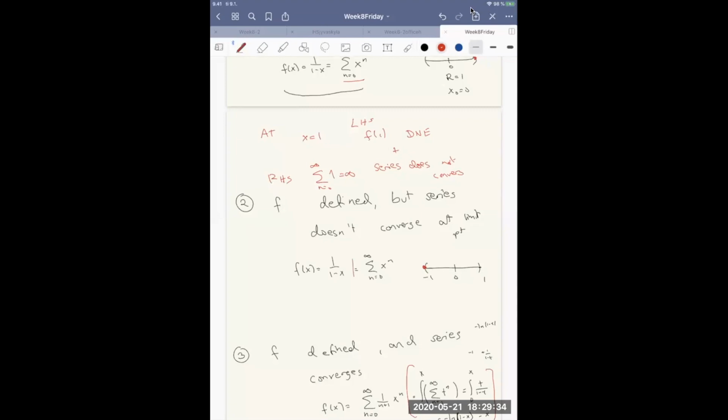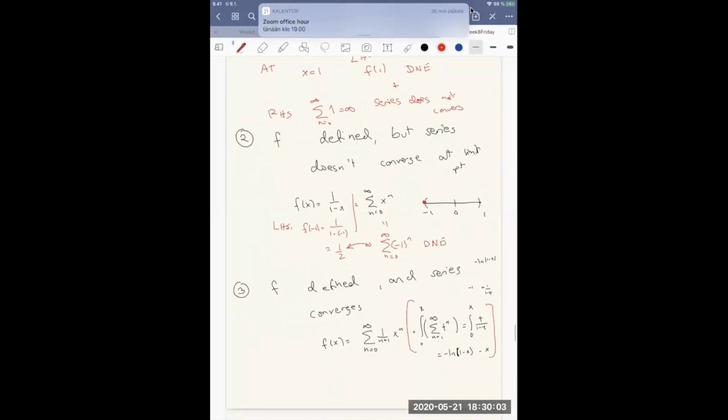Then f of minus 1 equals 1 over 1 minus minus 1, which is 1/2. That's perfectly well defined, but the other side is not defined because it does not converge. So the thing that exists doesn't equal the other side because that does not exist.